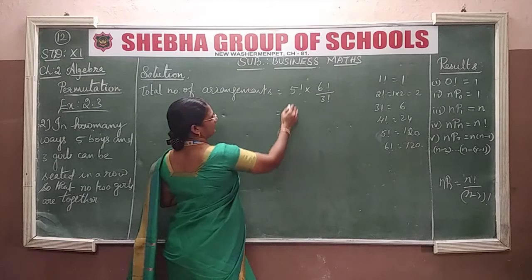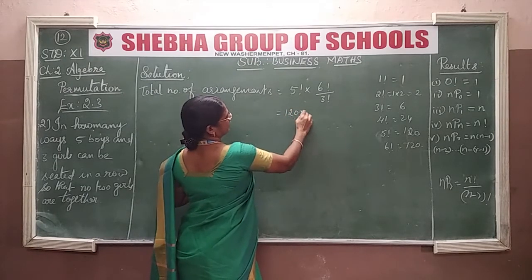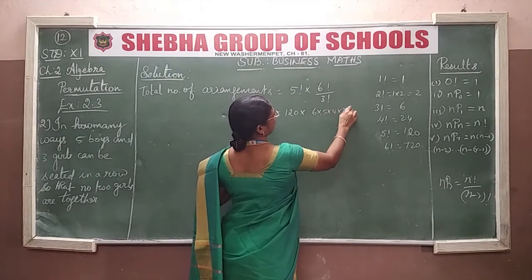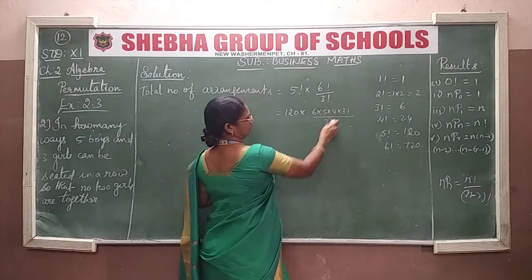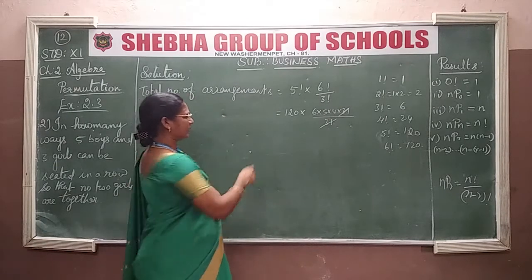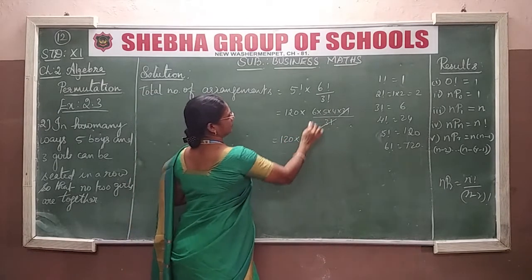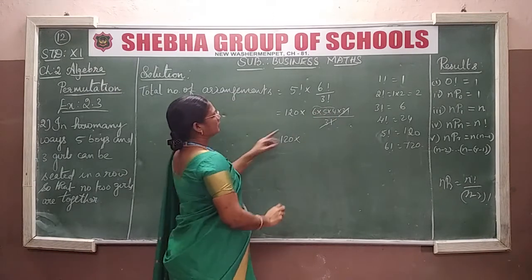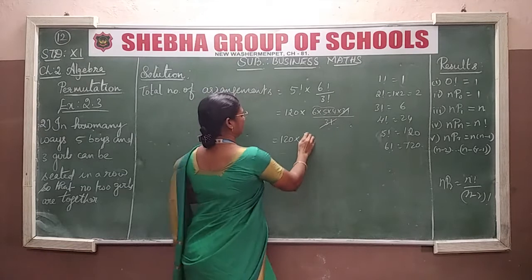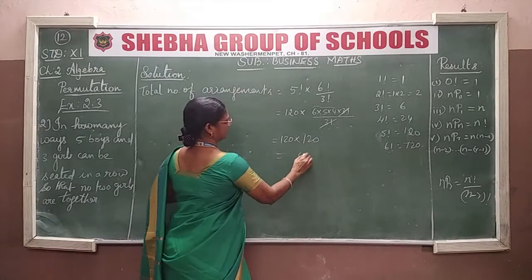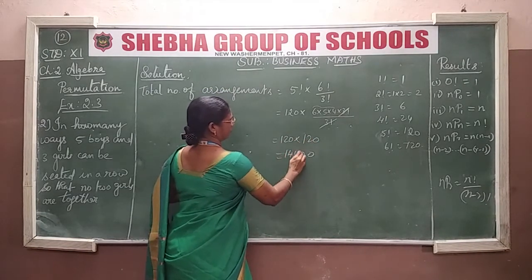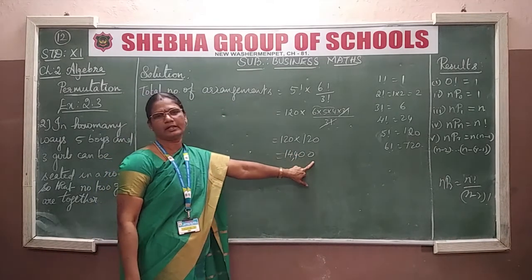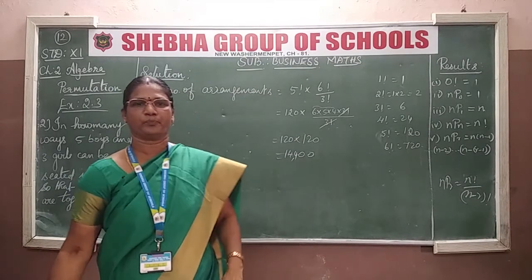Here 5 factorial is 120, into 6 into 5 into 4 into 3 factorial by 3 factorial. 3 factorial gets cancelled. We get 120 into, multiplying these three numbers 6, 5, 4: 30 into 4, 120. So 120 into 120, 12 12s are 144. So our number of ways is 14,400. Understood?